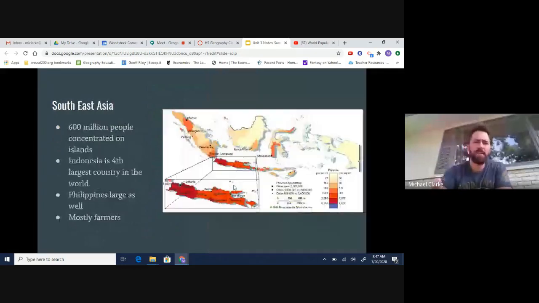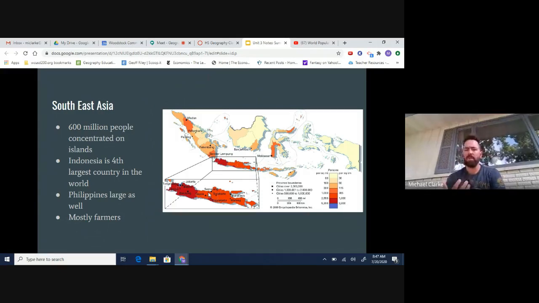So last one, Southeast Asia. Southeast Asia would be like Vietnam, Laos, Cambodia. Southeast Asia has a lot of fragmented countries, meaning countries that are islands, which here's Indonesia right here. Over 600 million people in Southeast Asia live on these islands. They're mainly rural.